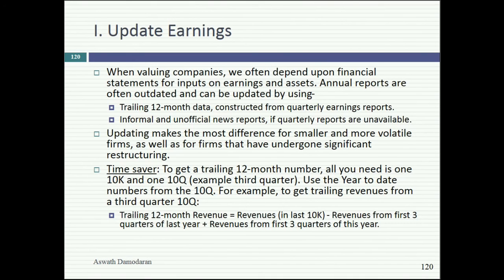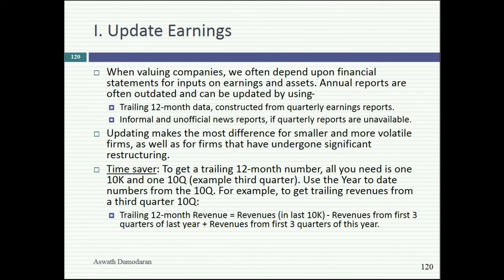You see what the math is? You have a 10K, you have the first quarter of the new year, the first quarter of the last year. To get to a trailing 12-month, all I need to do is take the 10K, add the new first quarter, and subtract out the first quarter from the previous year. That's why I said all you need is one 10K and one 10Q to get to a trailing 12-month number.